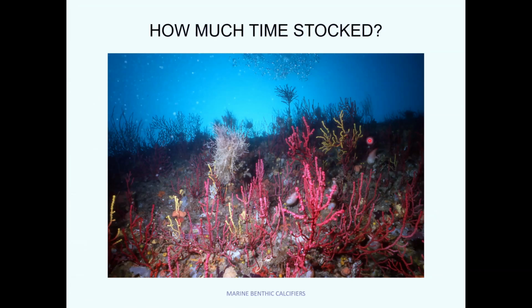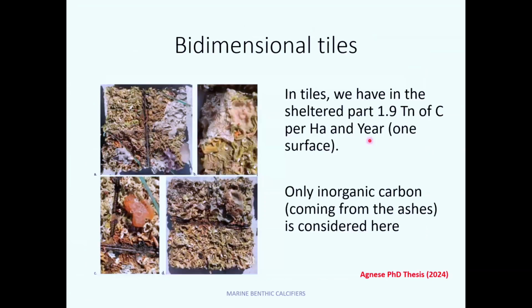Here we have two examples of extrapolation that we have made, very simplified, but that starts to work. This is very simple. These are tiles, three-dimensional tiles, put on for approximately 3 years in a 20 meter depth area, and then after the 3 years, we observed and calculated the carbon that had been stocked in the sciaphilic part, the part that is sheltered from the light and also from the excess of sediment.